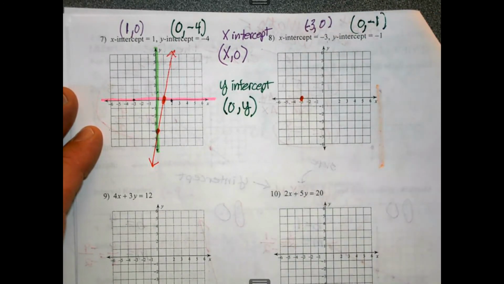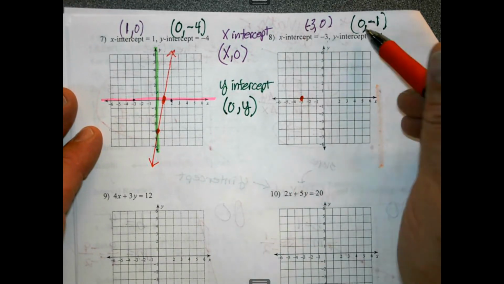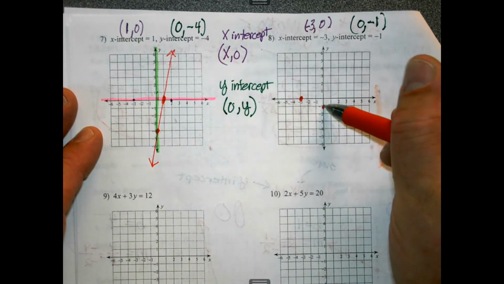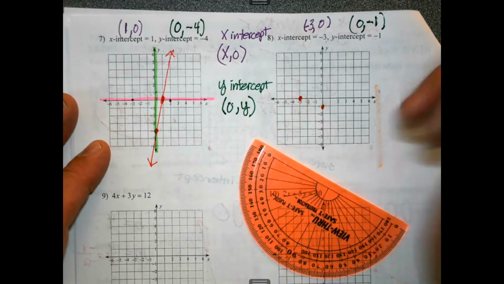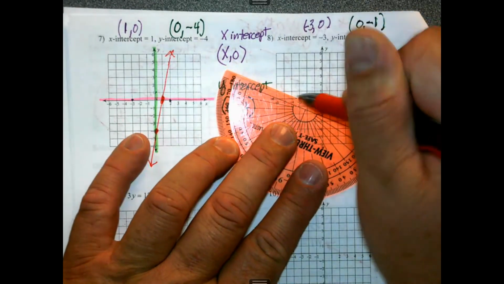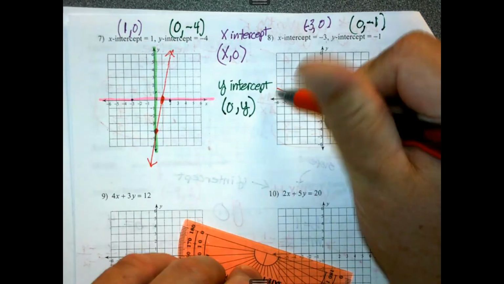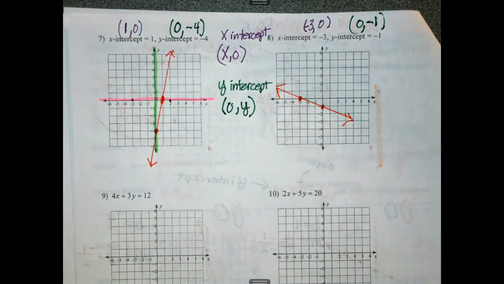So here's my 2 points. Negative 3, 0, and 0, negative 1. And I can draw my line. Questions?